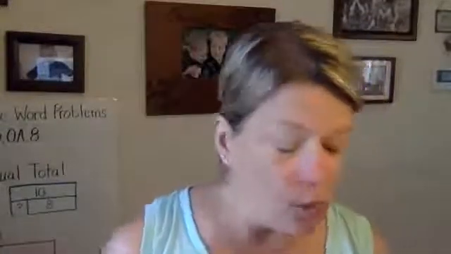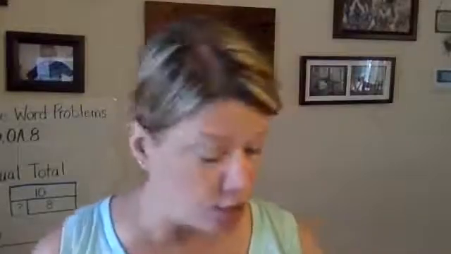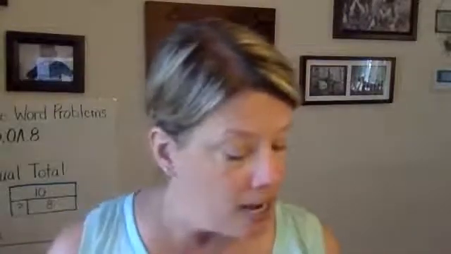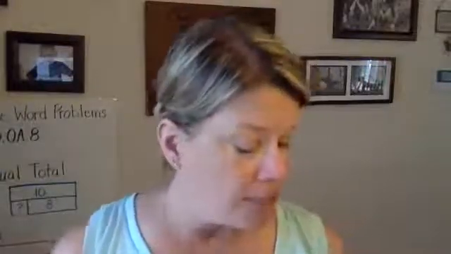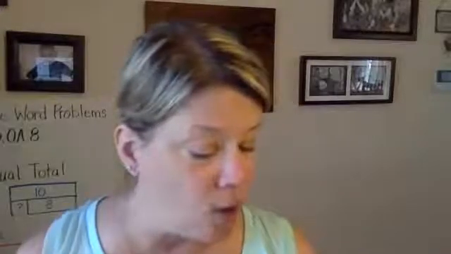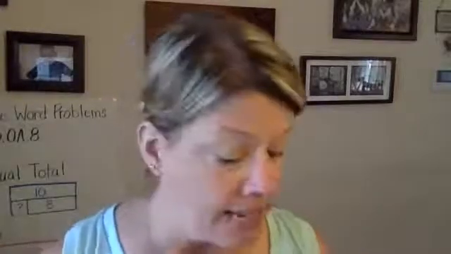Describe the whole as 2 halves, 3 thirds, or 4 fourths. And this one's a harder one, so I think we're probably going to do this one again tomorrow: to explain that equal shares of identical wholes need not have the same shape. I think I might do that one tomorrow because that's pretty deep.